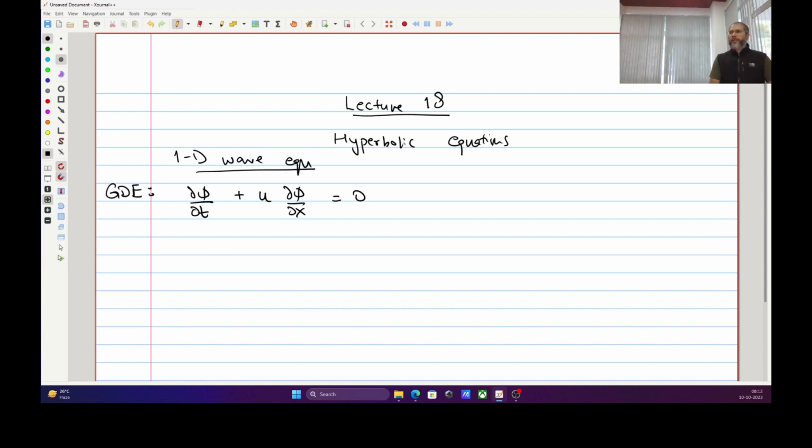Here u stands for the velocity field. So u is a known quantity, and we are solving for phi as a function of x and t.